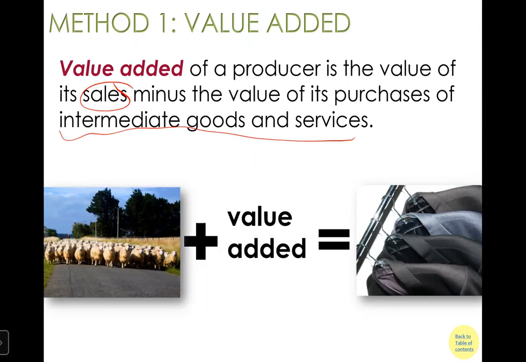How do you understand intermediate goods? In this background picture, the clothing or garment is the final good. You sell them in the market, and then you have sales or revenue. But in order to produce this garment, you need some intermediate goods or some input, right?